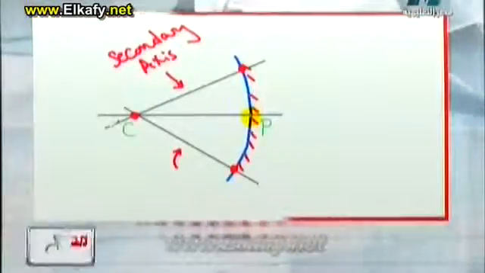So how many secondary axes do we have? Can you determine the secondary axes in any situation? How many secondary axes are in the spherical mirror? We can't determine them.